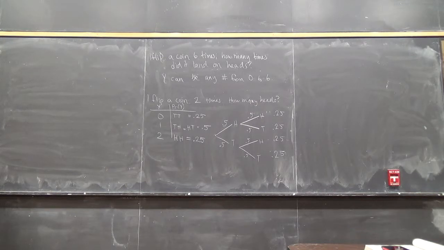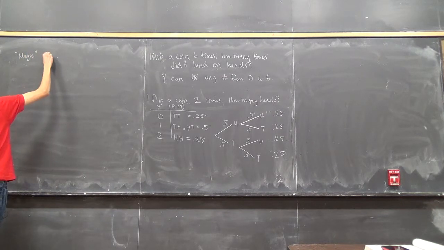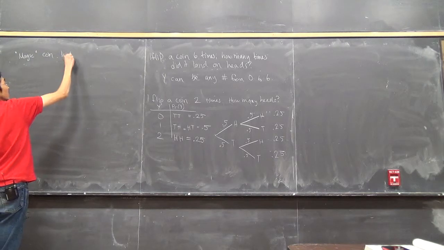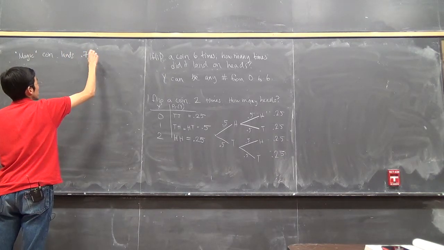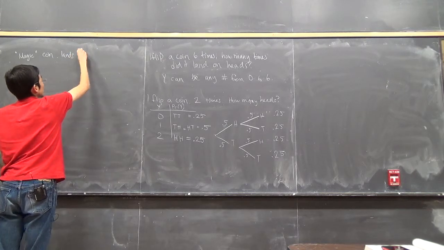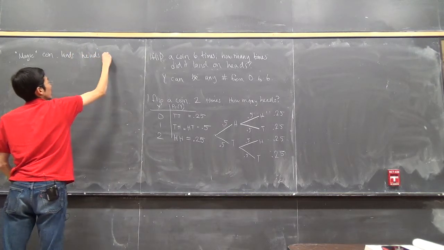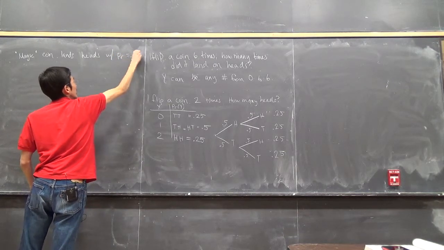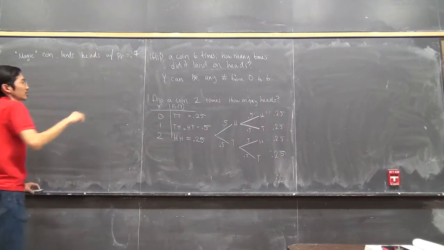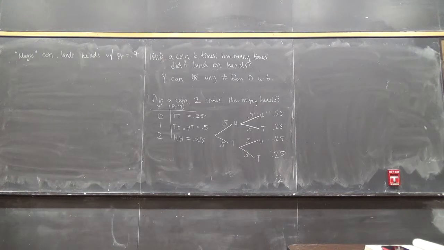I don't think such a coin exists in the world, but let's say we have some magical coin that lands heads with probability 0.7. Okay. Alright, so we can visualize this, right?